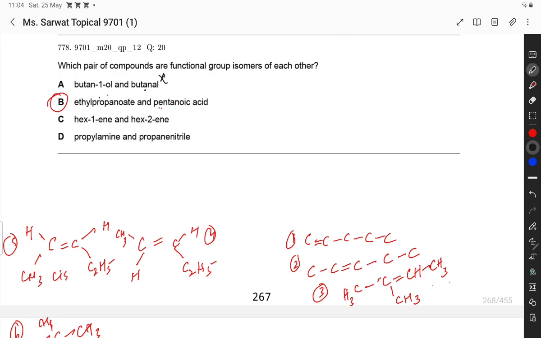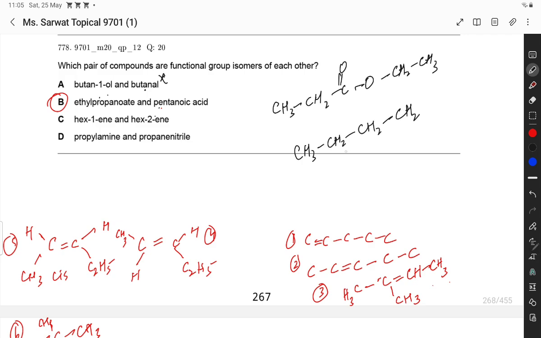This is ethyl propanoate, CH3, C double bond O, sorry, CH2, C double bond O, O, CH2, CH3, and pentanoic acid, CH3, CH2, CH2, CH2 and COOH. So these two compounds are isomers of each other, because carboxylic acids and esters are isomers of each other.